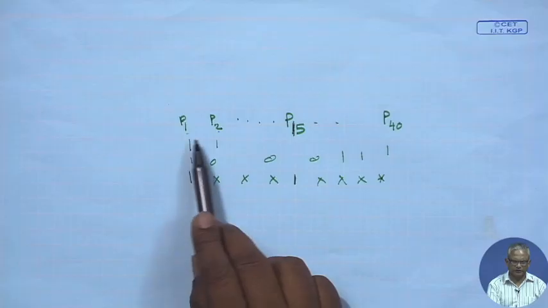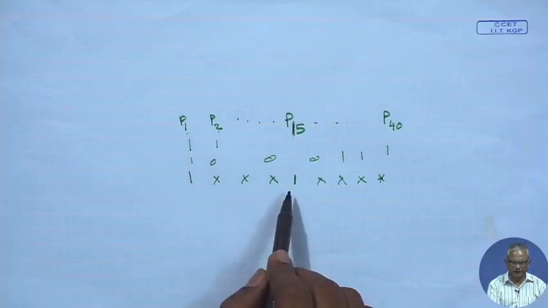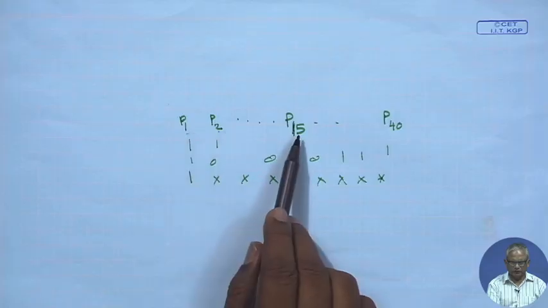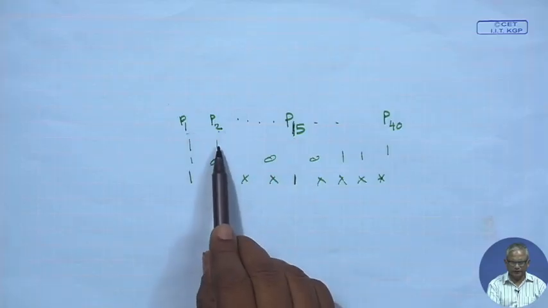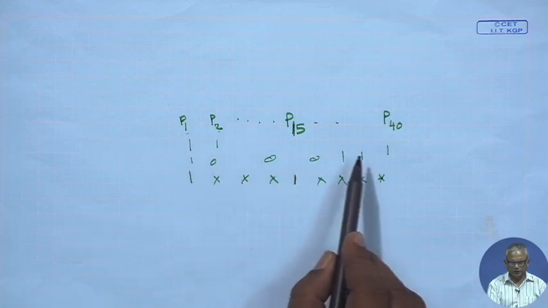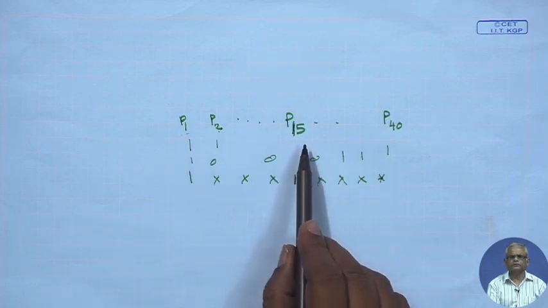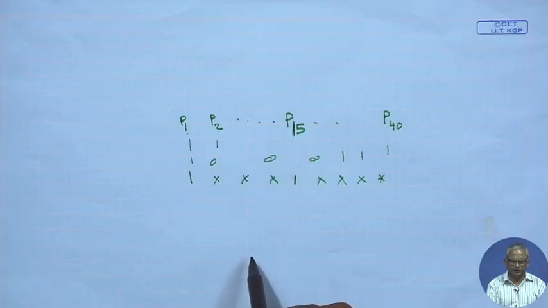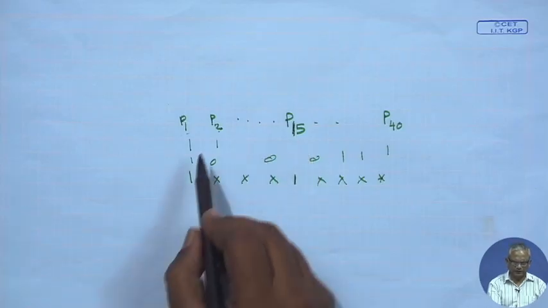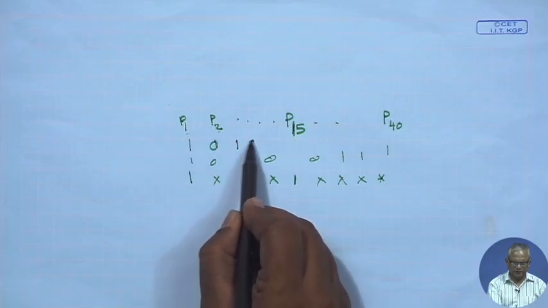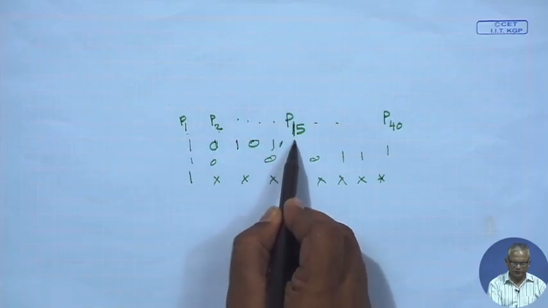pairwise values, like P1 and P15 set to 1 1, P1 and P15 set to 0 1, P1 and P15 set to 1 0, and P1 and P2 set to 0 1, 1 0 and so on. So, here the number of test cases required will be much less, because we might have test cases like 1 0, 1 0, 1 0 1 etcetera.